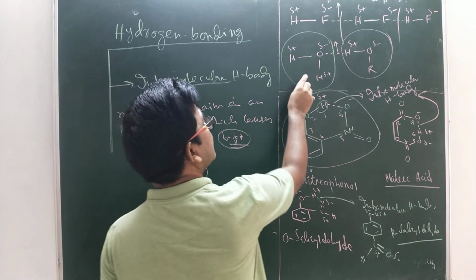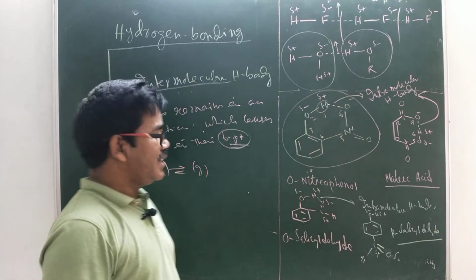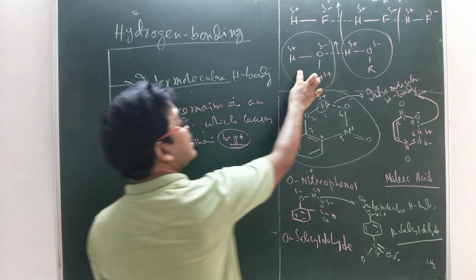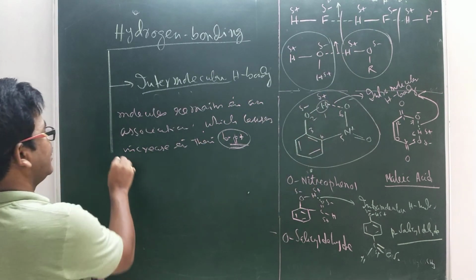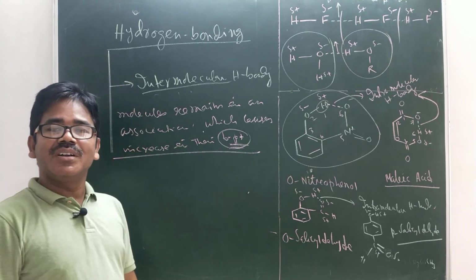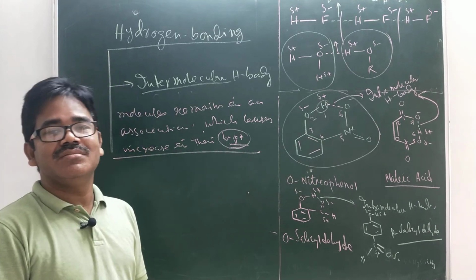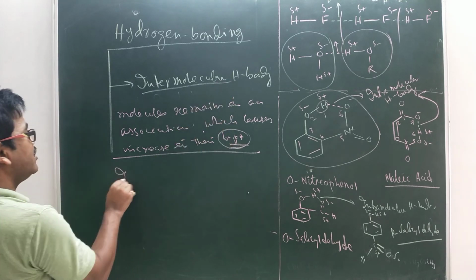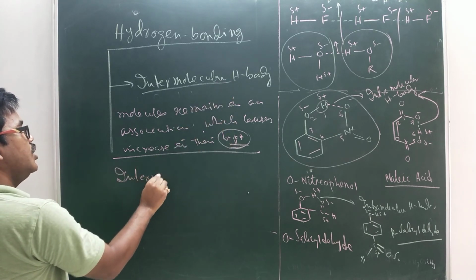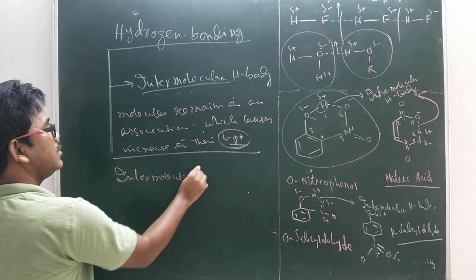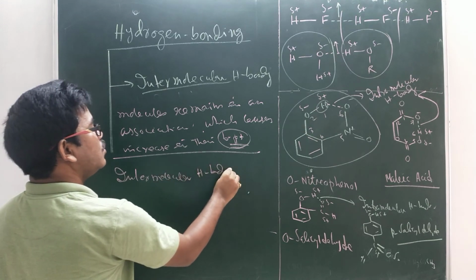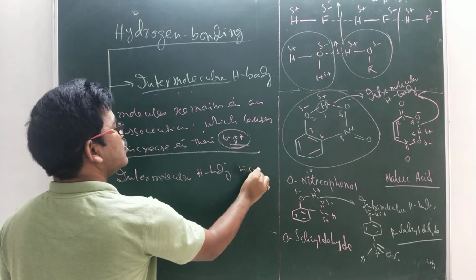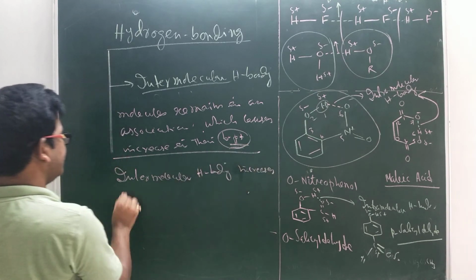Similarly, this is water and this is alcohol. Due to that intermolecular hydrogen bond, alcohol and water are highly soluble with each other. That intermolecular hydrogen bonding increases solubility.